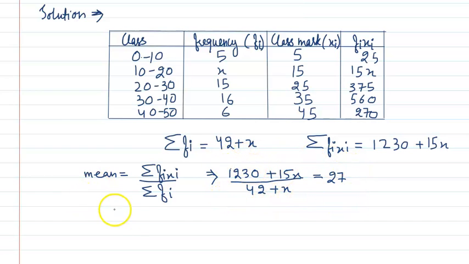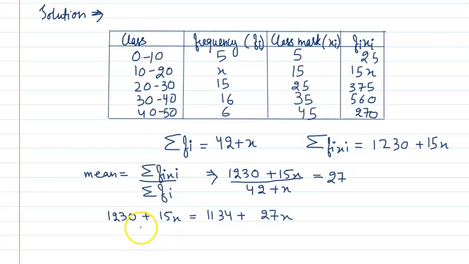तो हम इसे जल्दी से क्रॉस मल्टीप्लाई कर लेते हैं और हमें मिलेगा 1230 plus 15x, that is equal to 1134 plus 27x. Okay, great. Now we are going to take this here and 15x to the right side.